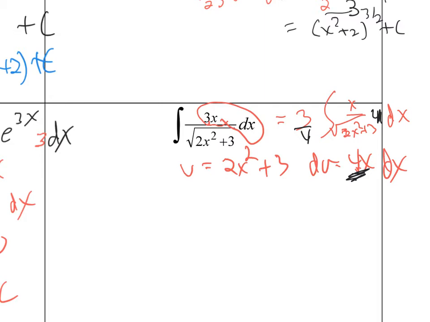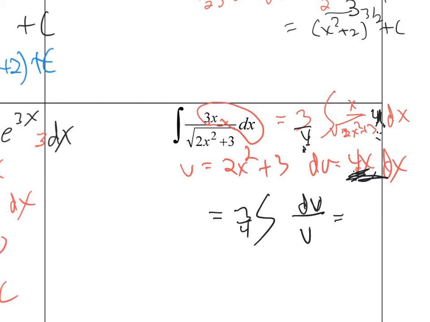So I'm going to rewrite it as equal to 3 integrate du over u. And don't forget, in order to have my du, I had to multiply by a 4. And then there's my cancel out my 4. And there's my du. Integrating with respect to u, there's my du.